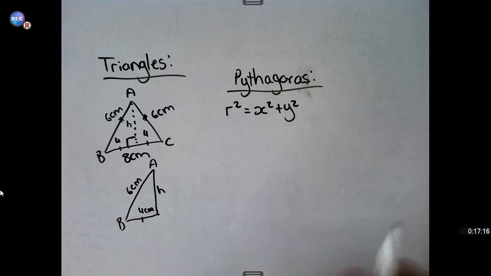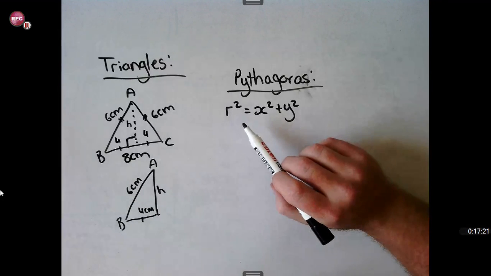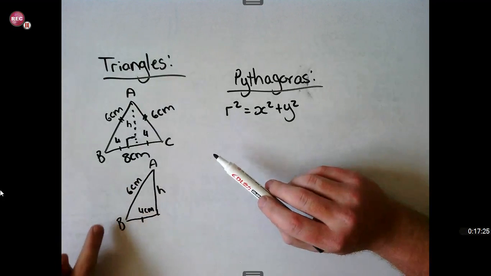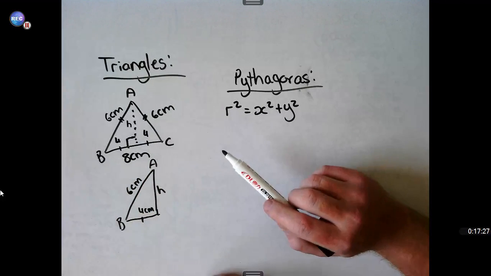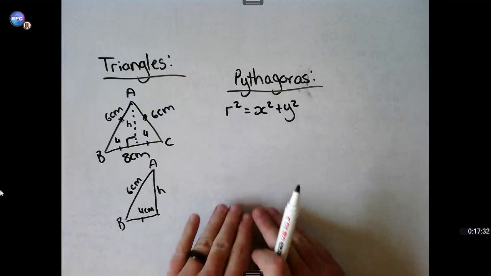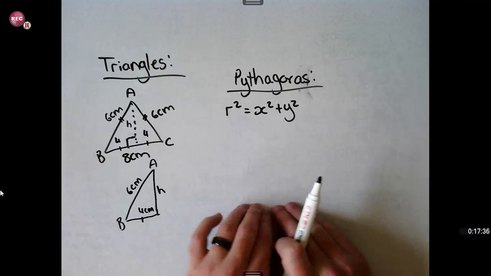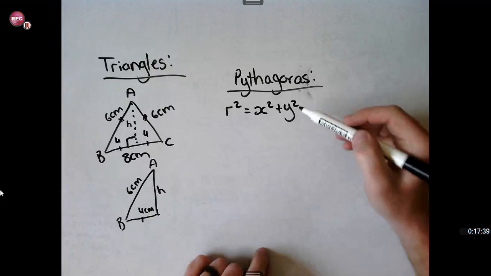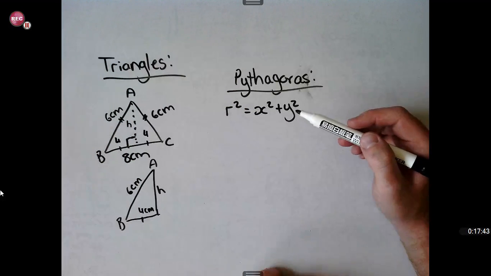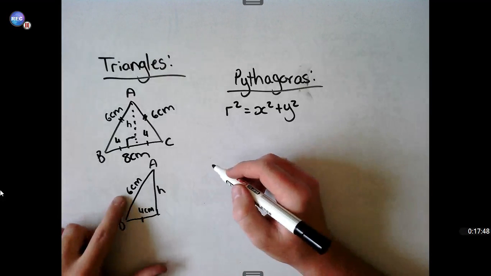Now let me explain this to you, if you haven't watched the other video that I made on Pythagoras. R is the hypotenuse, and that would be side AB, which is the longest side of the right angle triangle. X squared is the base, which is obviously, if you draw it on the Cartesian plane, the horizontal axis. Y is the height, which is always your vertical axis on your Cartesian plane. So, when we go and substitute this, R is 6.